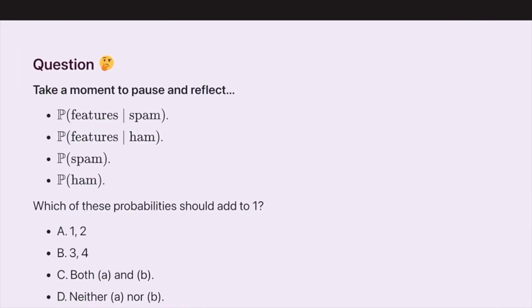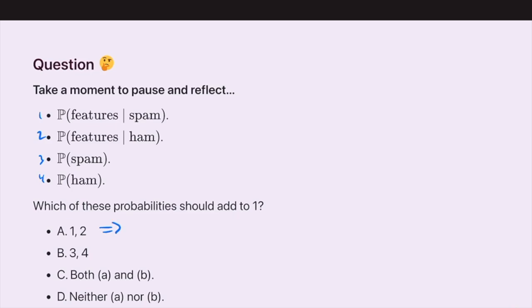All right, so let's take a minute or so and think about this. We have the probability of features given spam, the probability of features given ham, and then we have the probability of spam and the probability of ham. Which of these probabilities should add to 1? So 1 and 2, features given spam and features given ham.